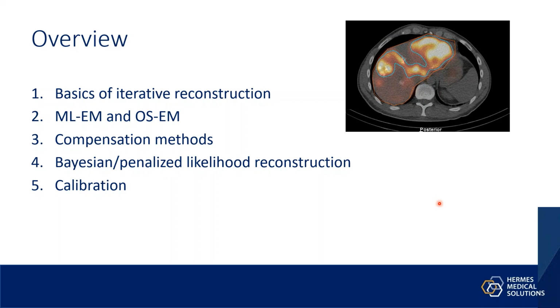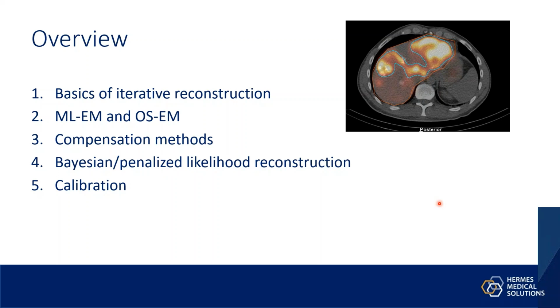And after that, we will talk about Bayesian or penalized likelihood reconstruction, and end up with some comments on how you can calibrate your reconstructed images into quantitative images so that you can present the voxel values in becquerel per milliliter and so on.